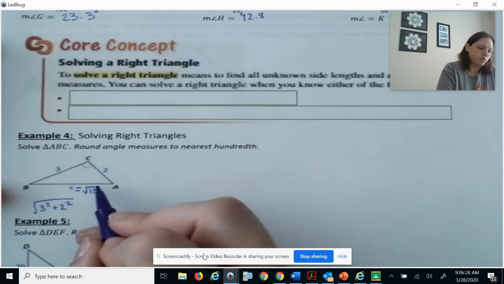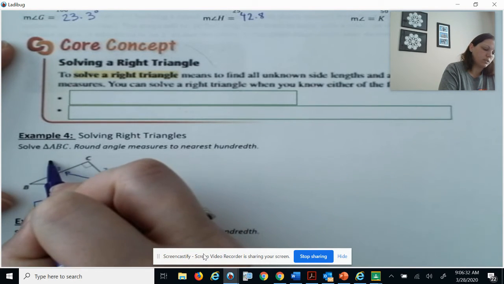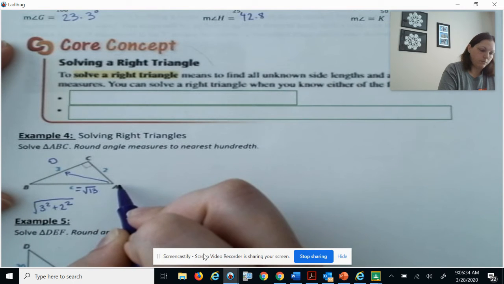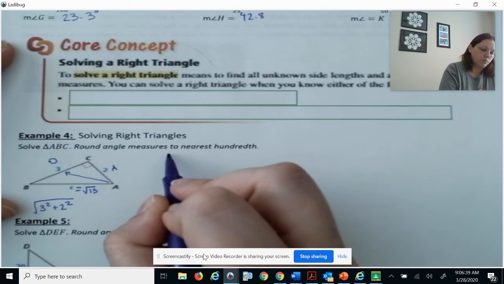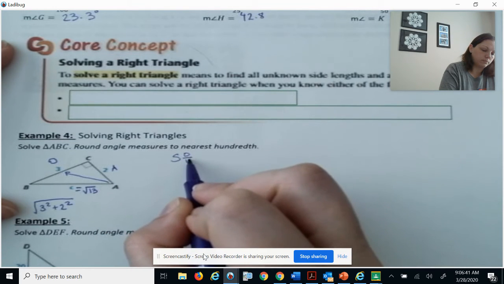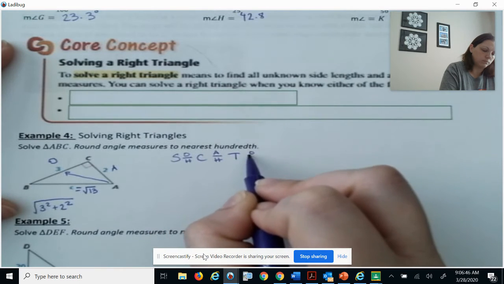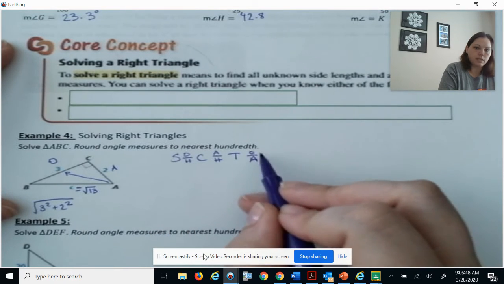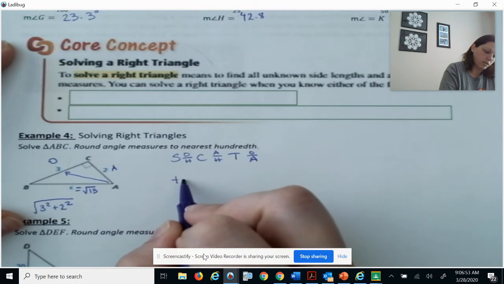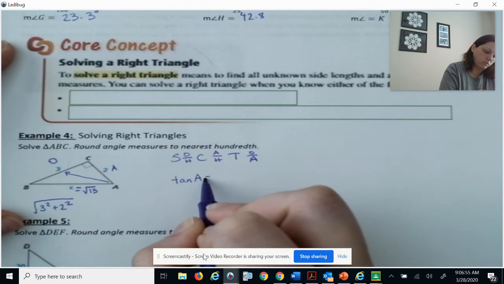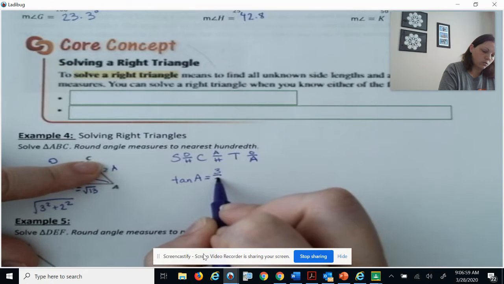Okay, to find the measure of angle A, from A we know 3, which is the opposite side, and we know the 2, which is the adjacent side. So if we look at our SOHCAHTOA, opposite and adjacent, we're on the T or the tangent. So we're going to look for the tangent of A equals, opposite was 3, adjacent was 2.